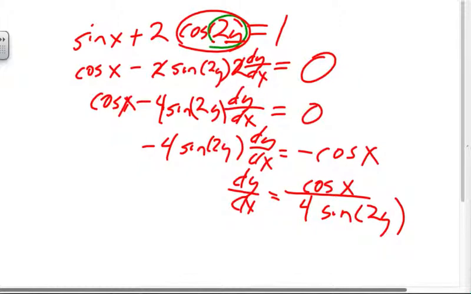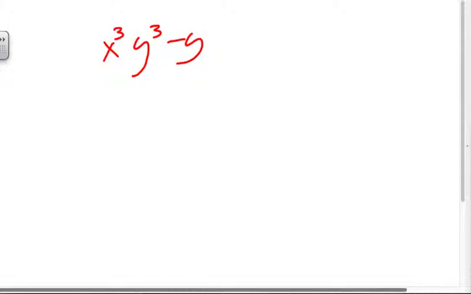Let's work through another example. This one gets even a little more complicated. x cubed y cubed minus y equals x. Product rule. It's back.